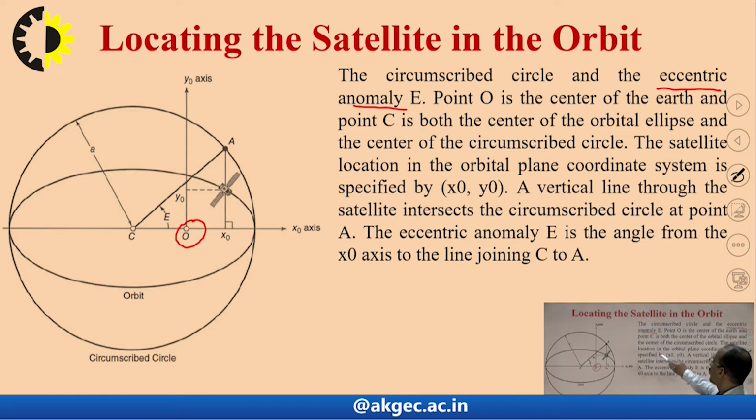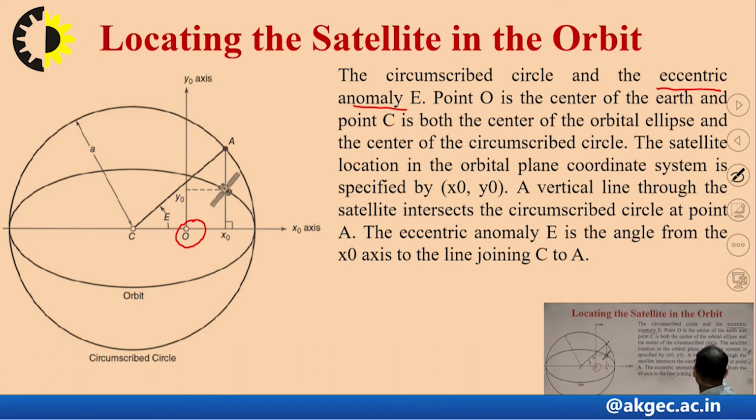The satellite location in the orbital plane coordinate system is specified by x naught and y naught. When we want to locate the satellite in the orbital plane where it is orbiting around the earth, you only need x naught and y naught.